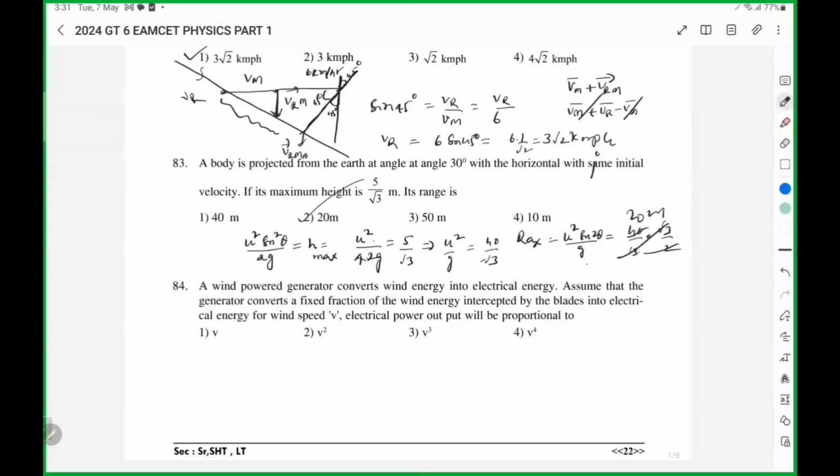A wind powered generator converts wind energy to electrical energy. The generator converts a fraction of the wind energy received by the blades into electrical energy for a given wind speed. So power output is always calculated using the formula F dot V. So here I will write FV.